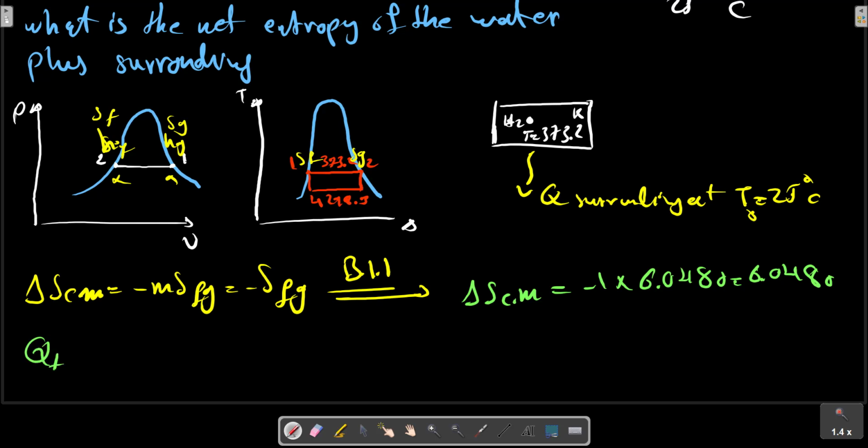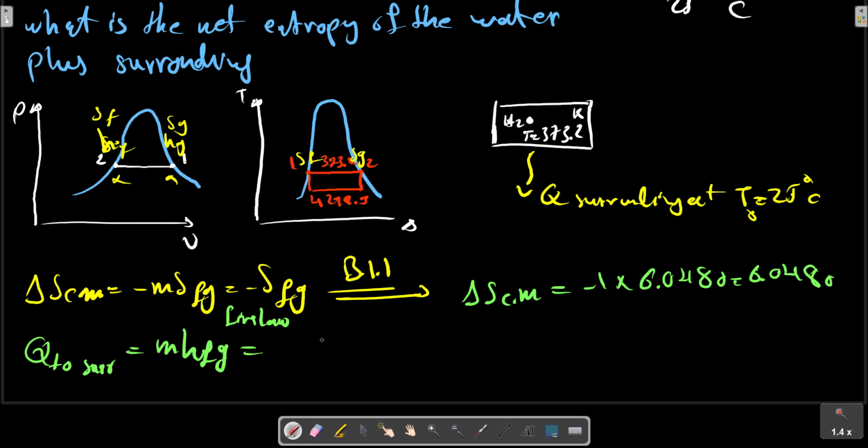We have also a Q to surrounding, which equals the change in the entropy. This comes from the first law, stage 1 and stage 2, inlet and outlet.